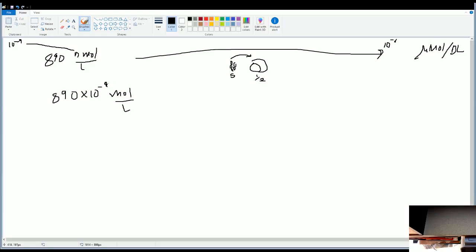So instead of 10 to the negative 9, you're going to take away 3. So you're basically going to divide this by 1,000. It's going to be 890 times 10 to the negative 12 moles, micromoles per liter.